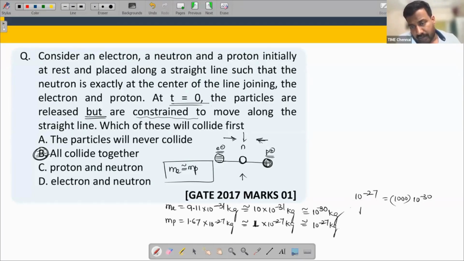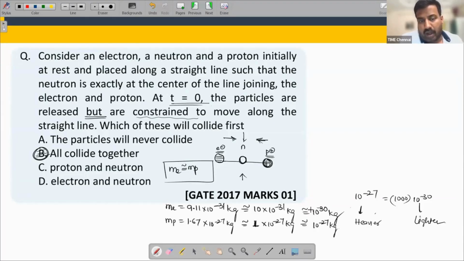Okay, that means this is the heavier object, the proton, and this is the lighter object, the electron.